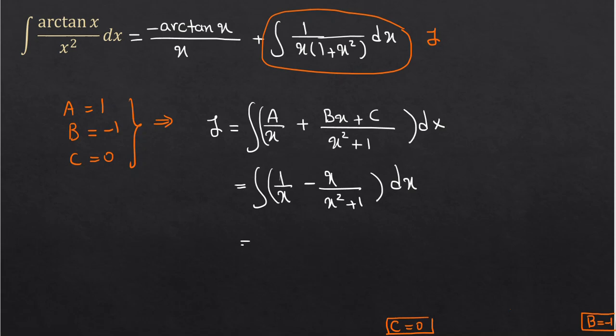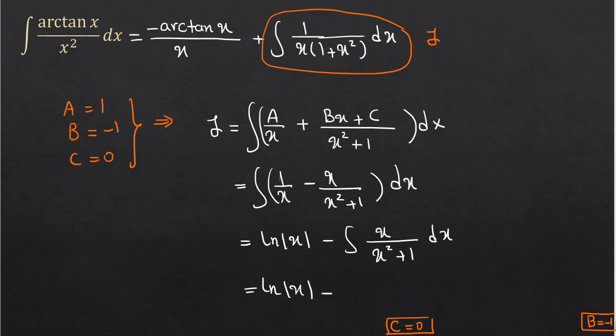That is equal to ln of x minus the integral of x over x squared plus 1 dx, and that is a basic type of integral. We know that it is equal to ln of x minus half ln of x squared plus 1. So that is our integral for j.